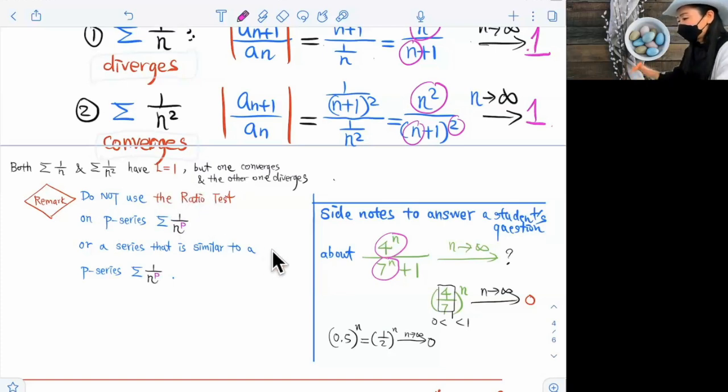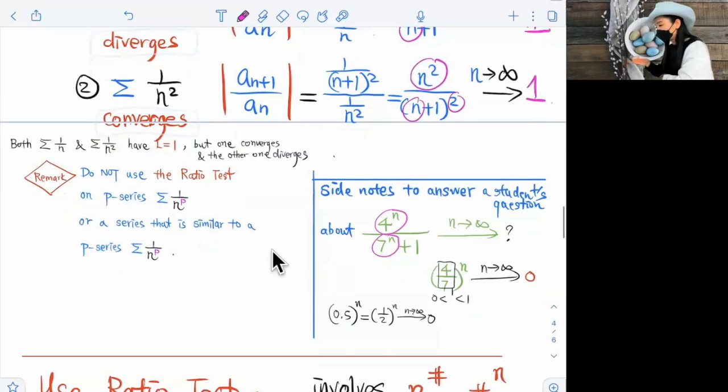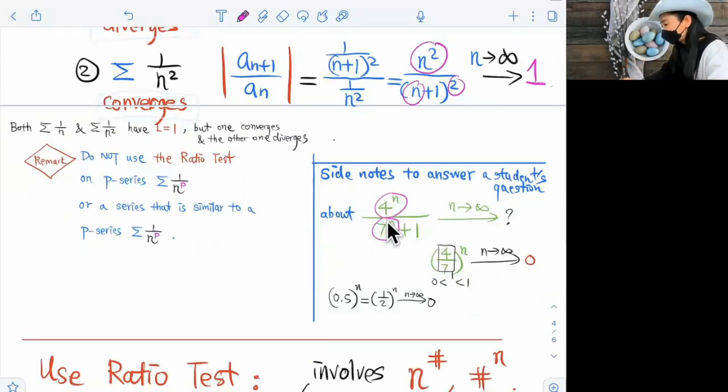Okay, and I think in the past my student asked me a question about this one over here. As n goes to infinity, what does it go to? If you look at the dominating term, it's not 4 over 7, because this one here is 4 to the n over 7 to the n.